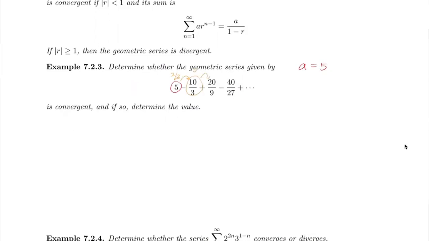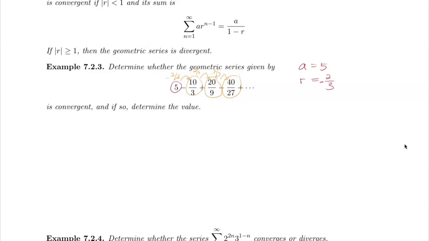Multiply again by 2/3, I get this value, and multiply by 2/3 again to get this value here. So the common ratio here is going to be 2/3. We also have the negative outside, so that's also important. This negative sign is there because it goes from negative to positive to negative, so we also have to add a negative sign to the common ratio. So the common ratio is negative 2/3.